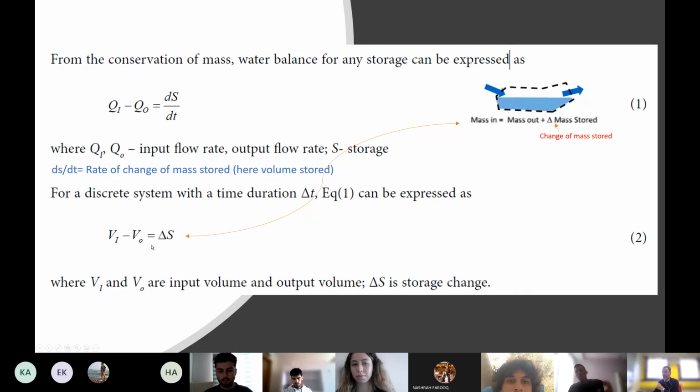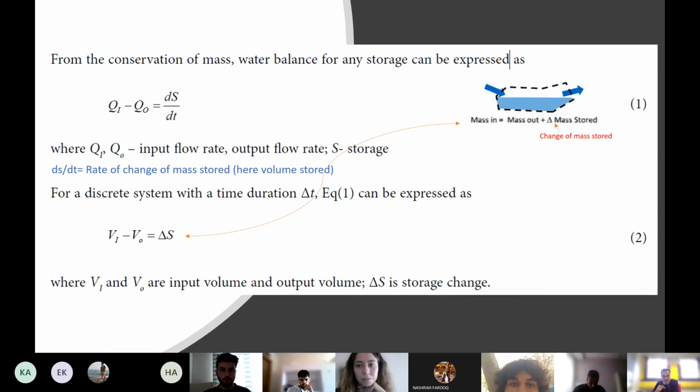Okay, conservation of mass. If you take the derivative of this equation with respect to time, or simply divide both sides by time, or consider the entire process in a given time of delta t, what you will have is Vi over dt minus output volume over dt equals the rate of change of the storage by time.